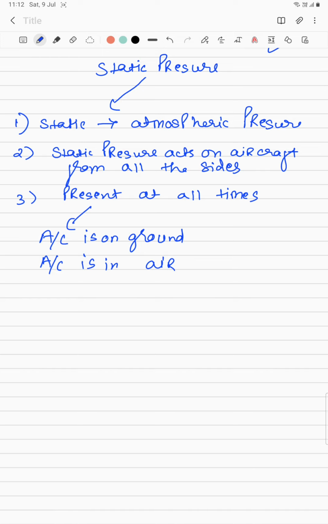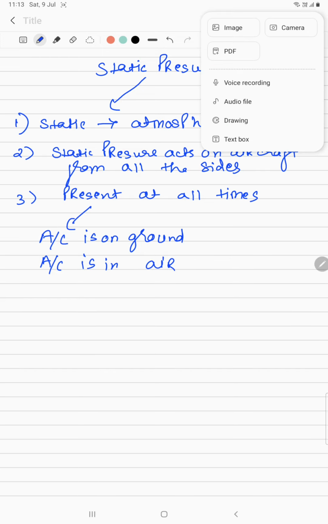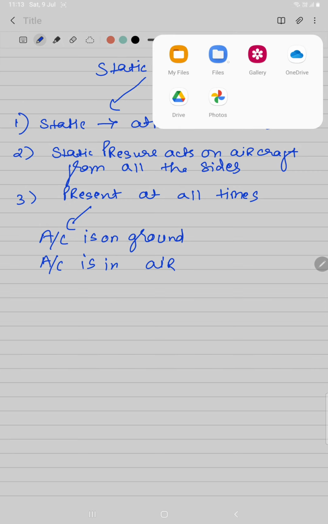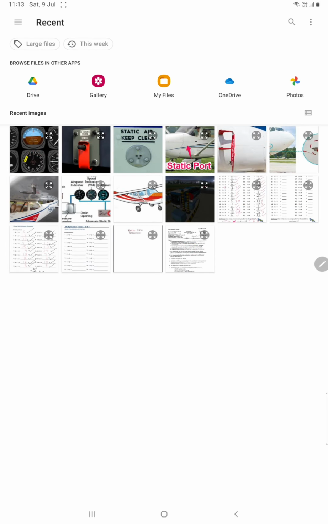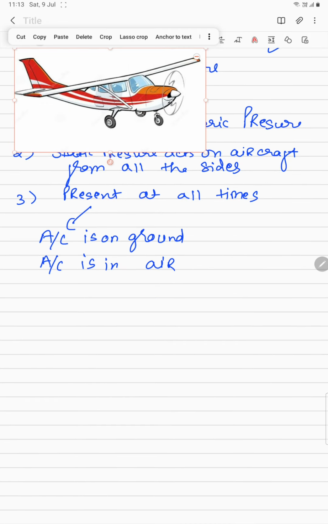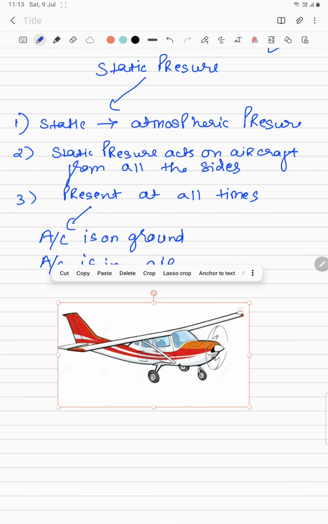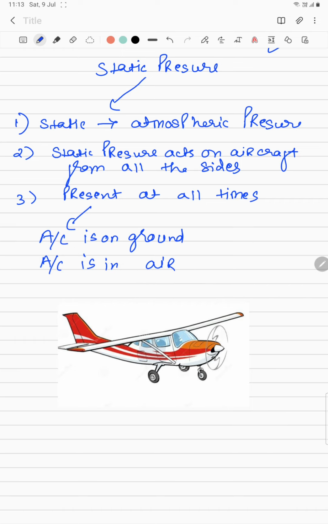Okay, so let's understand by the picture what I mean by all these points. So have a look here. Okay guys, see, suppose this is your aircraft. Let us assume that this aircraft is on the ground or in the air. It doesn't matter in the case of static pressure.